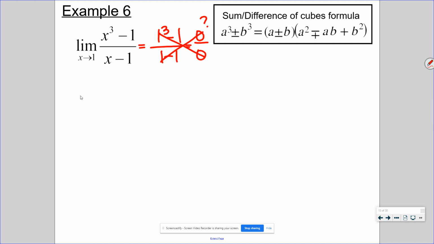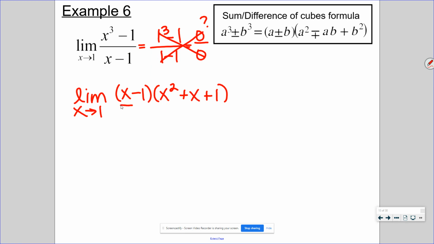Option 2, you're going to factor the top and the bottom. Now notice I am still writing the limit symbol because I haven't actually taken the limit yet, which means that I need that there in my work. So the top gets factored like this. I wrote the sum of difference in cubes formula up here because it's not something you'll have to memorize.